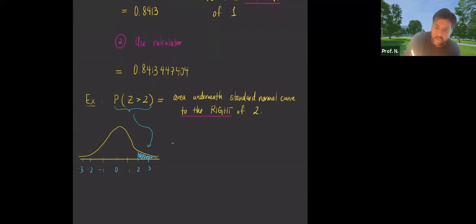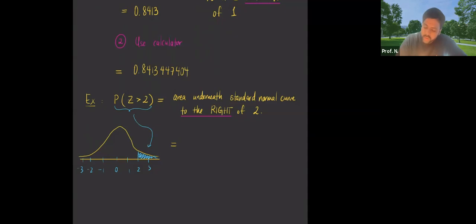Now, what's the idea? How do I find this? The whole table is predicated on the fact that the area is to the left. But sometimes I want to find the area to the right. You can find a complement and plug into the calculator, or you can do, so I'm going to show you both ways.